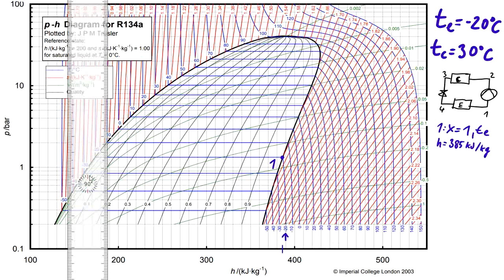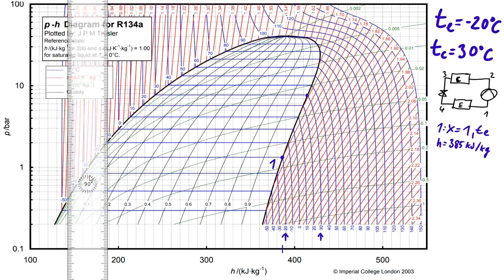Now we will need to find the condensation temperature, which is the 30 degrees C. So again we will find 30 over here, and for that we will get the point with the condensation pressure.